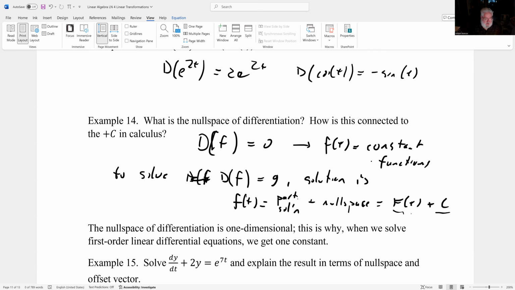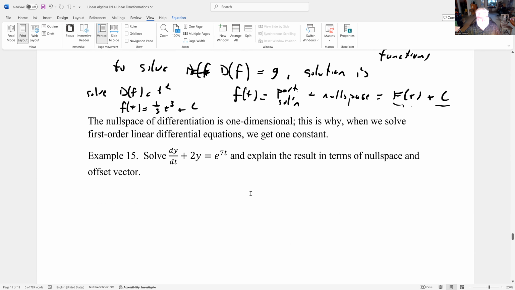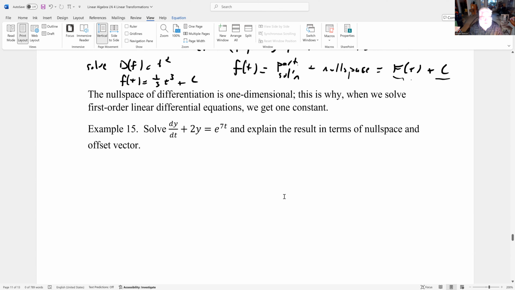So if we solve, say, D of f equals t squared, we know that f of t is 1/3 t cubed. That's a particular solution plus a constant, and that's the null space. And so the null space of differentiation is the homogeneous solution, right? And then that's a particular solution. So solve this then.